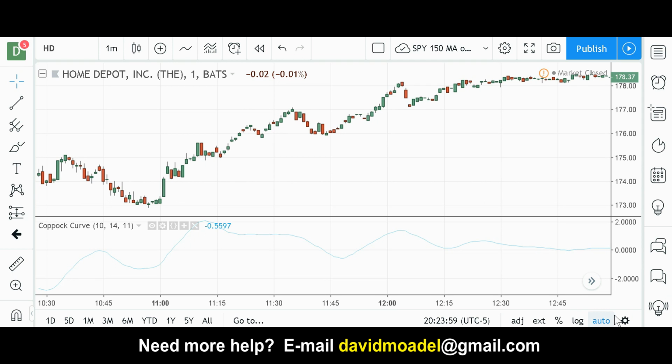Now, kind of like with RSI, you can use divergences, right? If you see the price action of the candlesticks going upwards, but meanwhile the Coppock curve line is going downwards, you see a divergence here. This is going up and this is trending downward generally. That could be an indication.